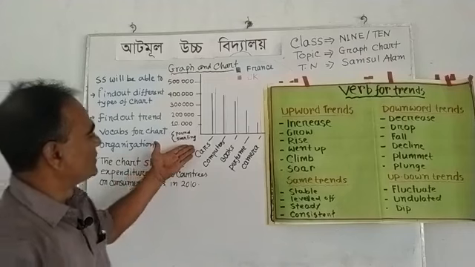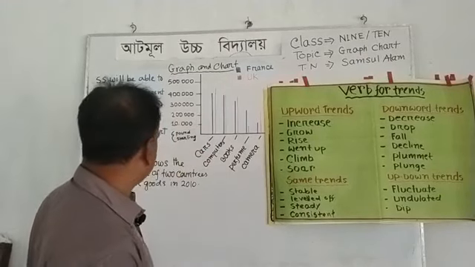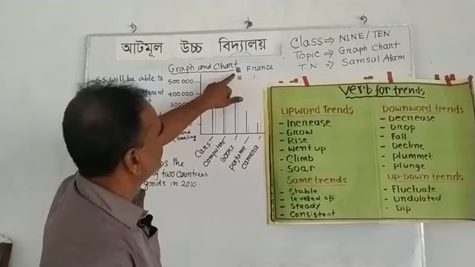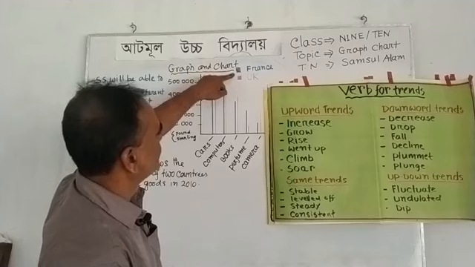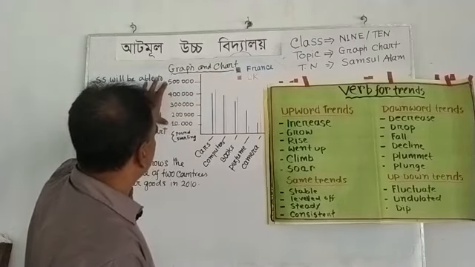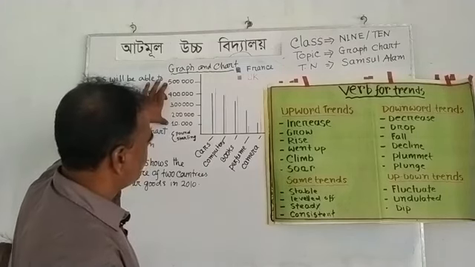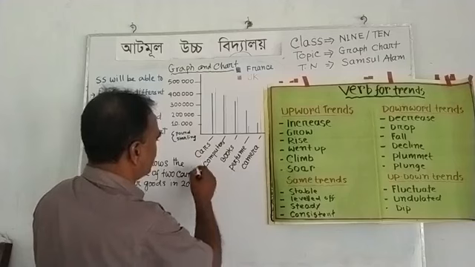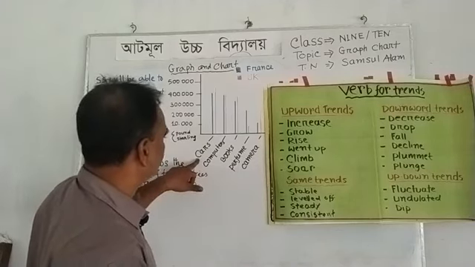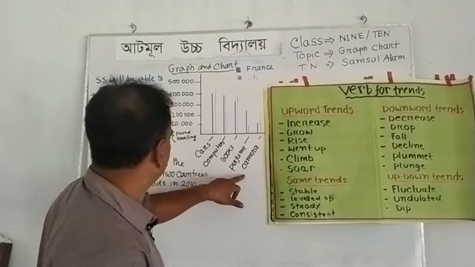Here is a chart for you, and this chart has shown the expenditure of two countries. One is France, another one is UK, and the vertical axis is showing the amount of money spent, and on the horizontal axis the consumer goods are shown. There are cars, computers, books, perfume and cameras.